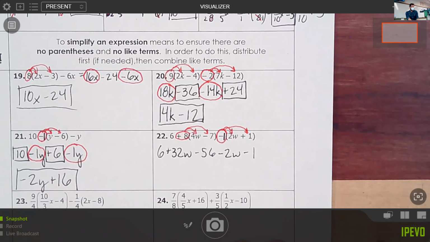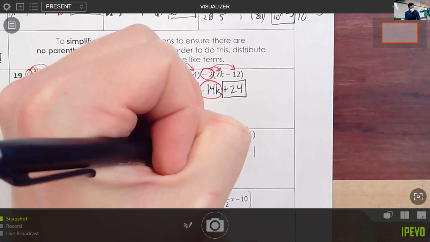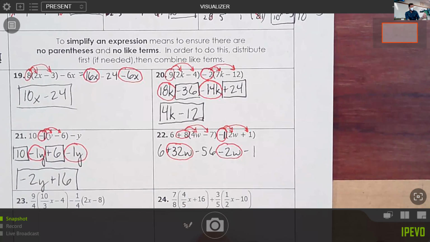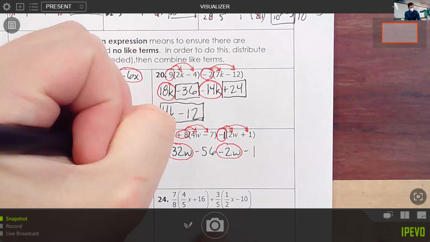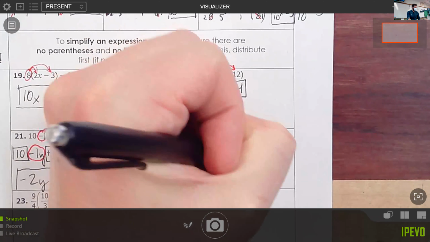So when we distribute, we get 6 plus 32w minus 56 minus 2w minus 1. We have two terms with w. So I'm going to put a red circle around those. One of them is a positive 32w. The other is a negative 2w. And I'm going to do boxes around the 6, the minus 56, and the minus 1.